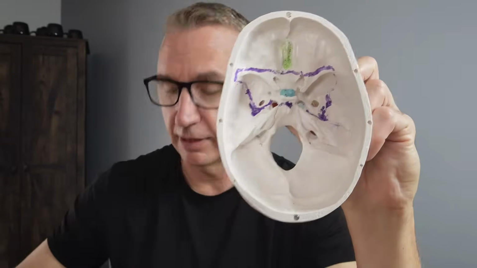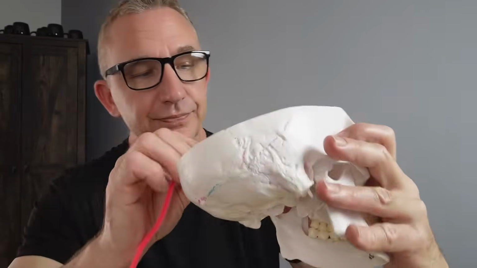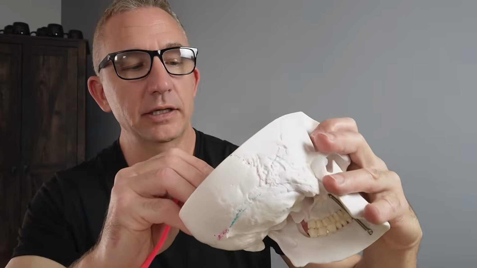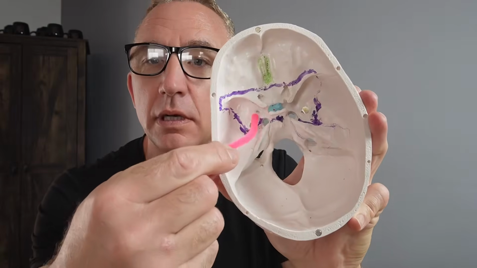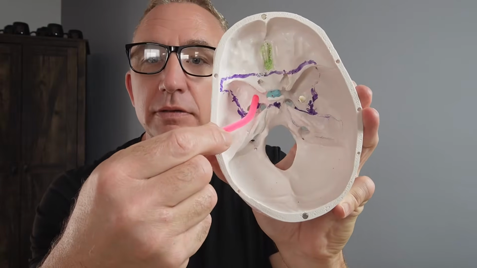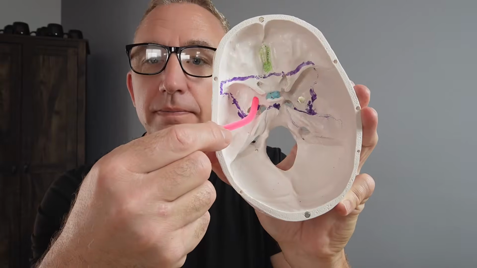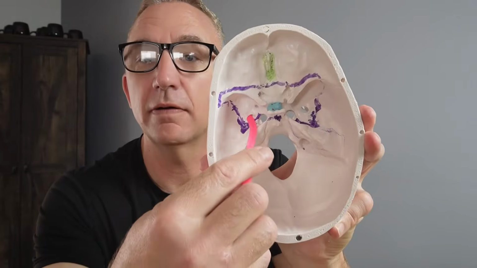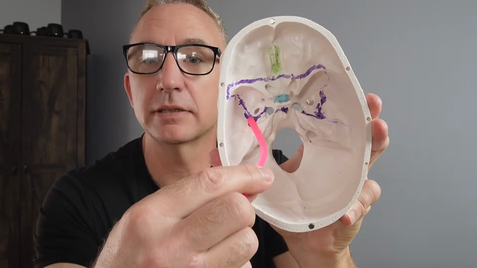Okay. And then we're going to learn three holes coming off the greater wing. So three holes in the greater wing are called foramen rotundum, foramen ovale, and foramen spinosum. When I look here, three holes. This first hole is called foramen rotundum. And this will repeat on both sides in the greater wing. And then I have foramen ovale. And then right below it, I have foramen spinosum.